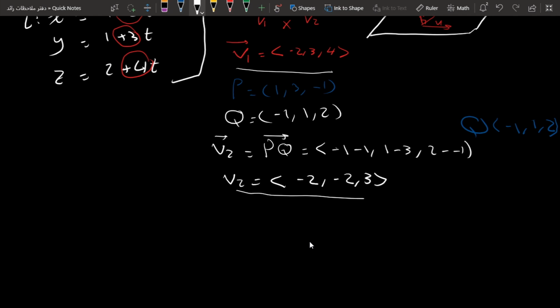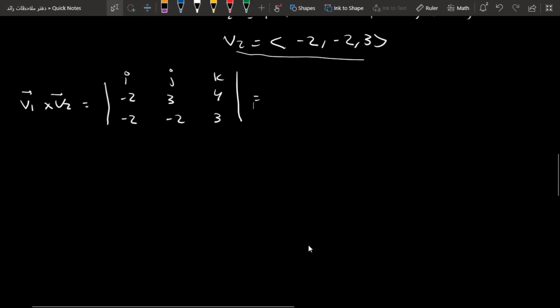Now apply the cross product v1 cross v2 is equal to: i j k. Now the vector v1 is -2, 3, 4, and vector v2 is -2, -2, and 3, and the answer will be, انتبه.